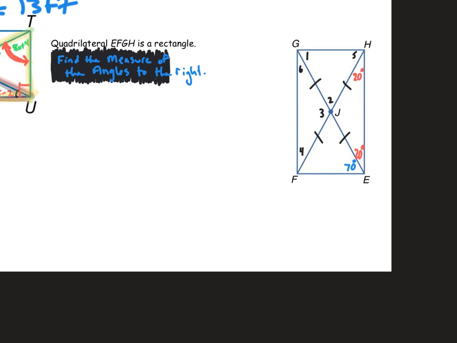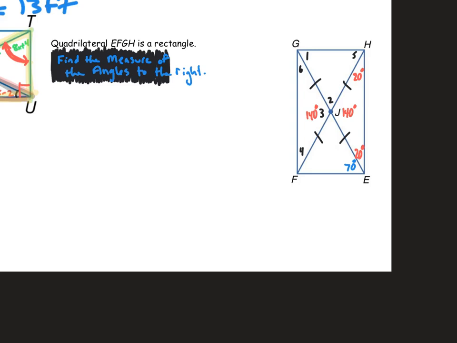And because a triangle adds up to be 180 degrees, I've got 20 plus 20 is 40. 180 minus 40 is 140 degrees. So that means the measure of angle 3 is 140 degrees because they're vertical angles.